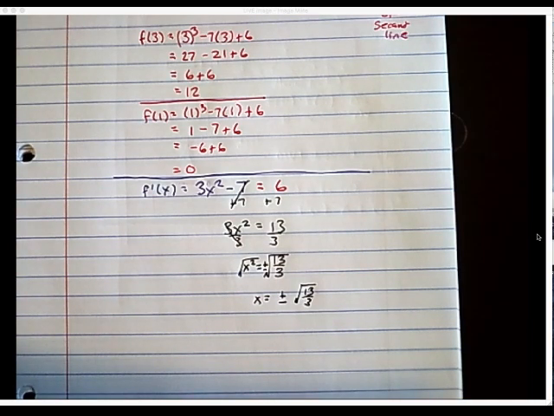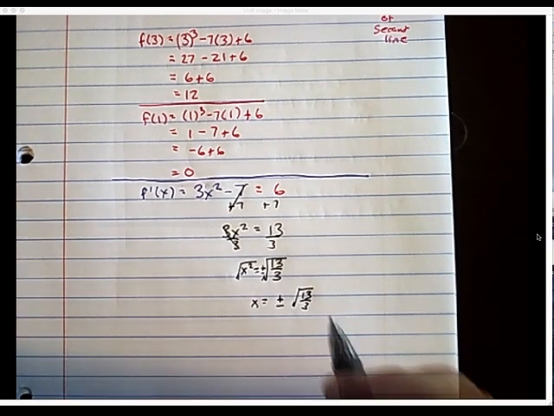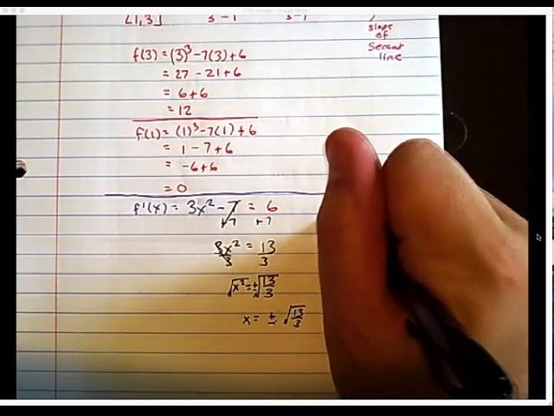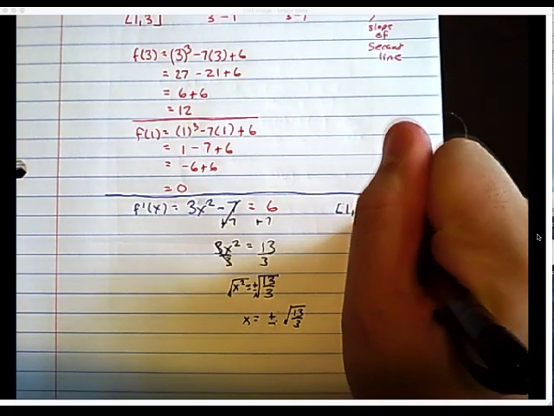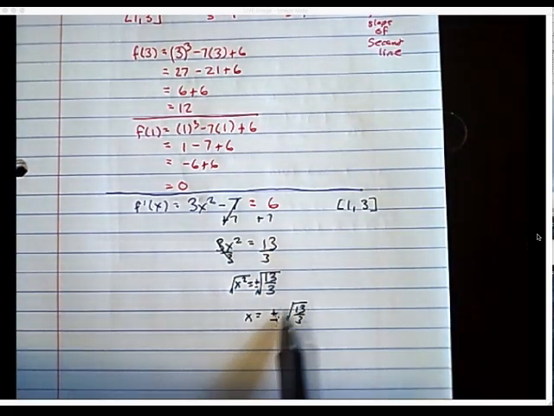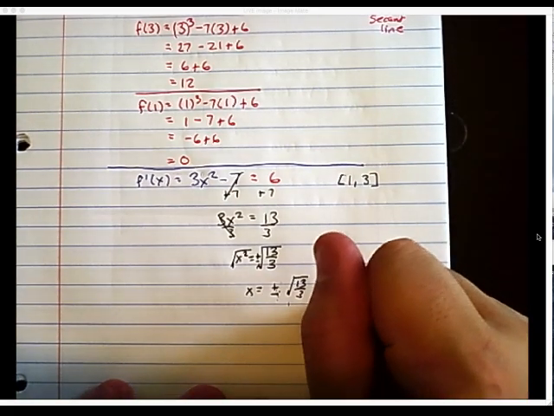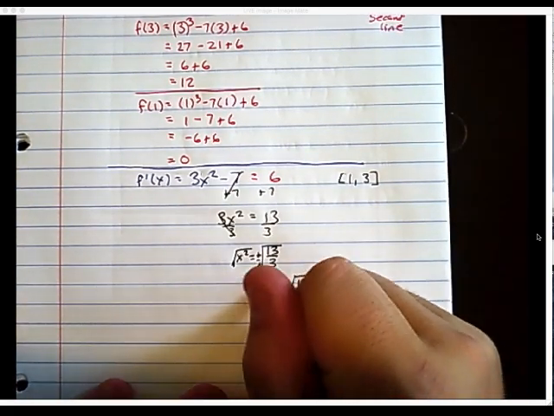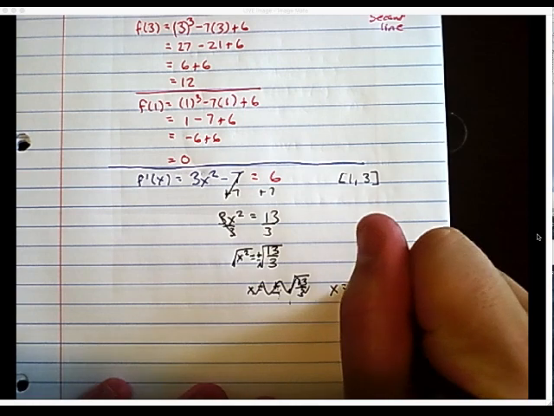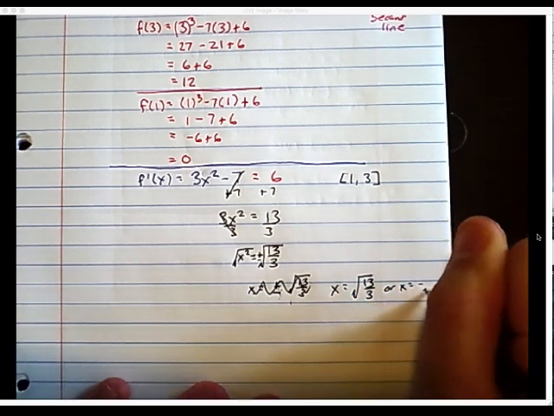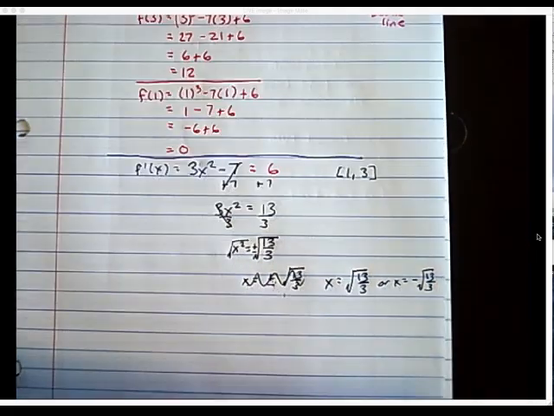Okay. However, the c value, the calculus tells me there's 2 answers, but remember what the interval was, 1 to 3. One of these numbers is not inside 1 to 3. Okay, so if you think about these individually, x could equal the square root of 13 over 3 or negative square root of 13 over 3.